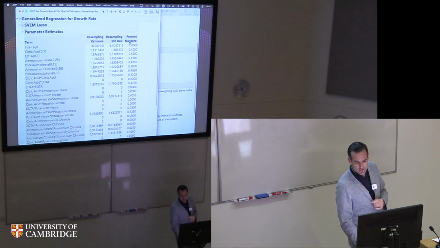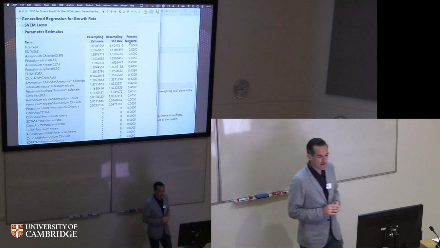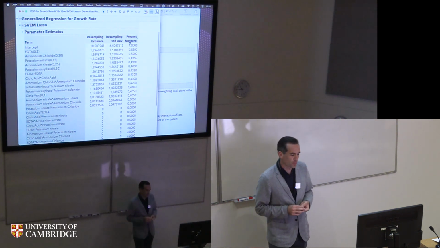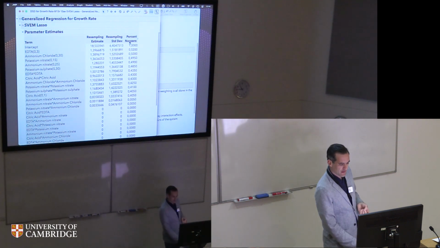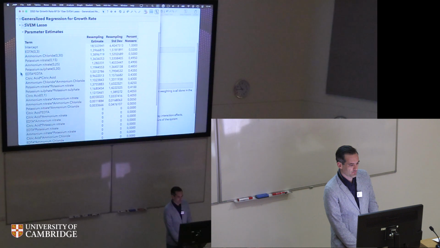And so, one of the things we can see is the percent of times that each of those parameters is non-zero. And this gives us a separation of the important factors. So we can see the main effect for all of our factors here as being important, significant. We can see these quadratic effects.